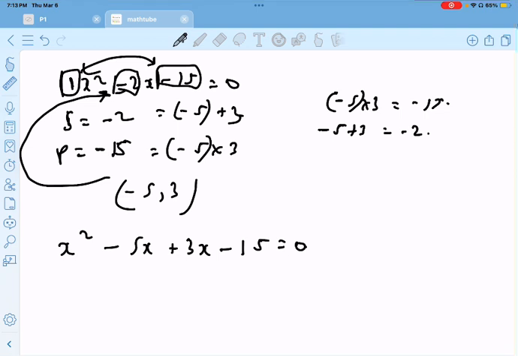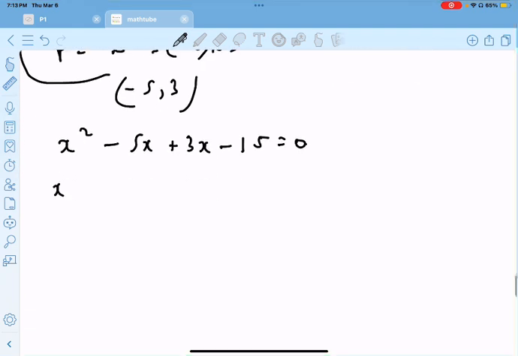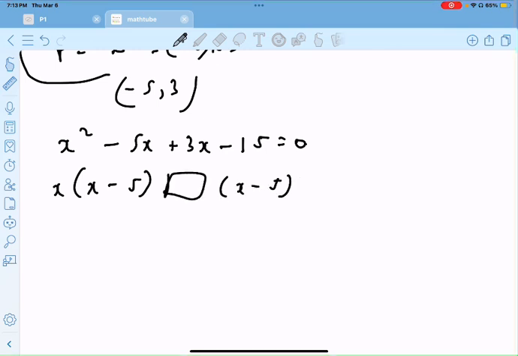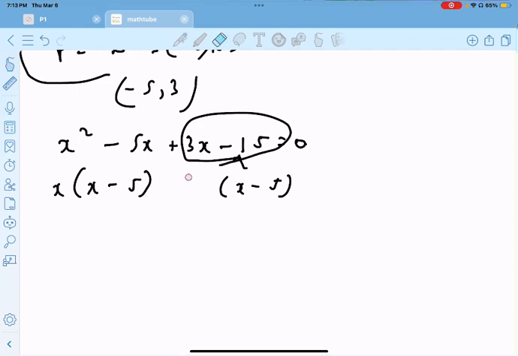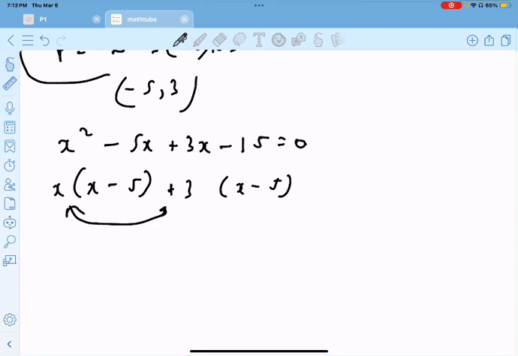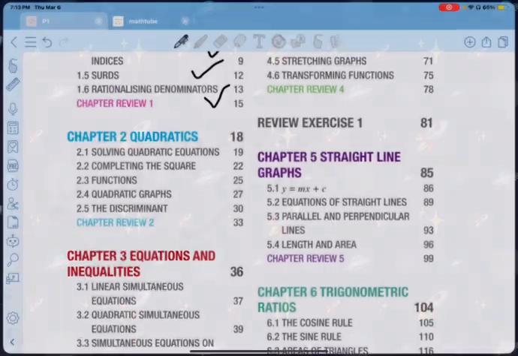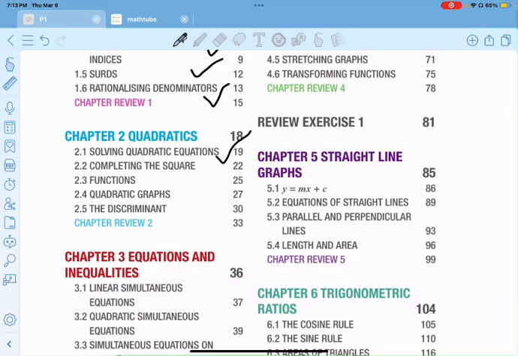Minus 15 is equal to 0. Factor out x in the first term, x minus 5. Remember, it has to be x minus 5 again. So what do we put here? To make it equal to this, we will put plus 3, okay? Bring these two terms together, x plus 3, and then put this term down here, x minus 5. That is how you simplify that very quickly, okay? That is how to solve a quadratic equation.